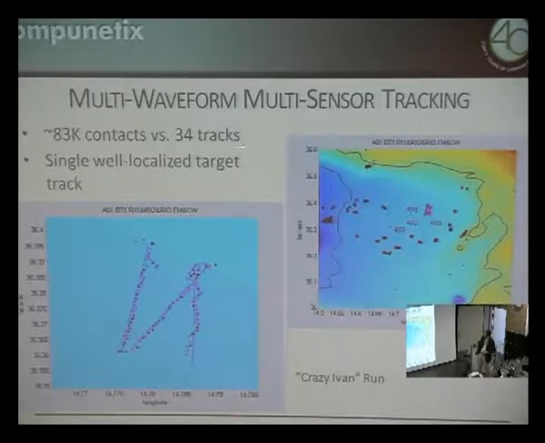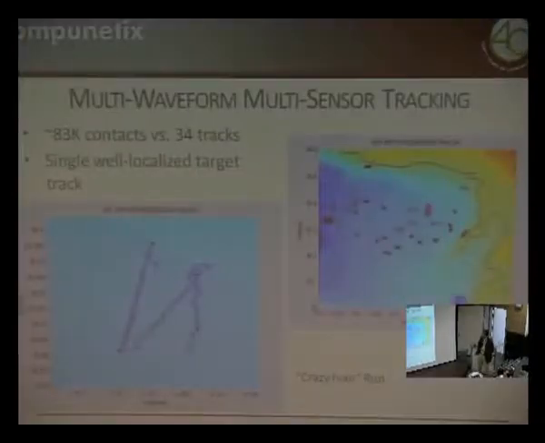And in fact, many of the other tracks are known fixed features. This is the Malta Plateau between Sicily and Malta. And so there are some known wrecks, and there's an oil rig, and various things. So in fact, the number of truly false, spurious tracks is less than this. So this is the kind of performance that we can achieve.